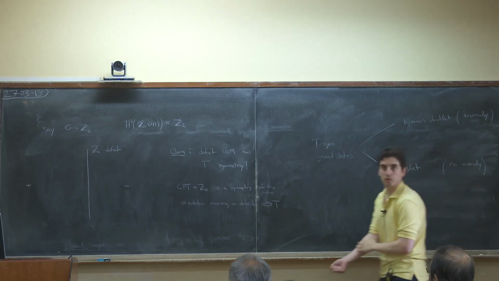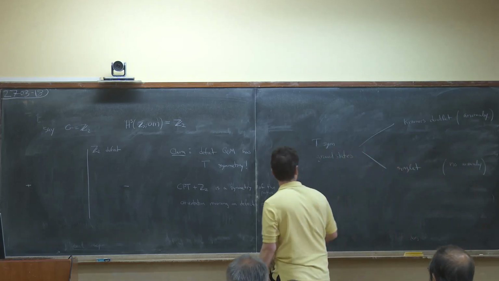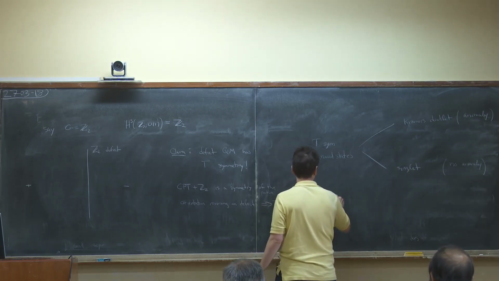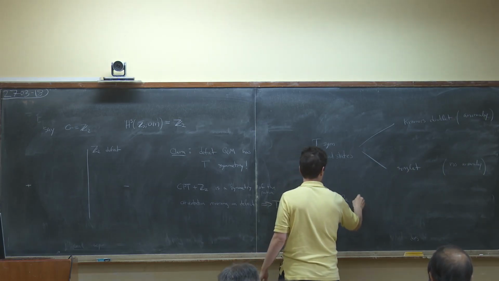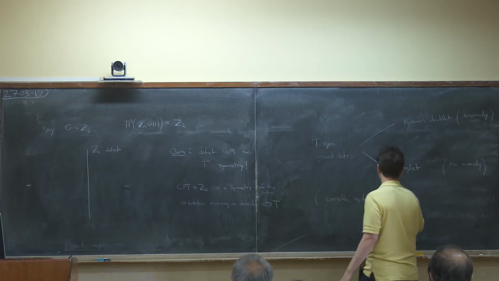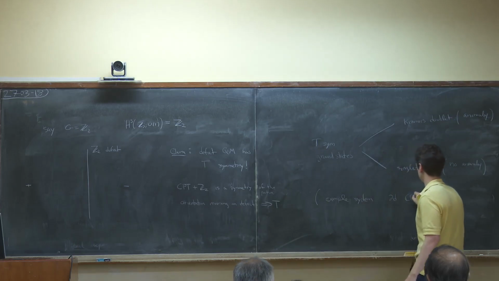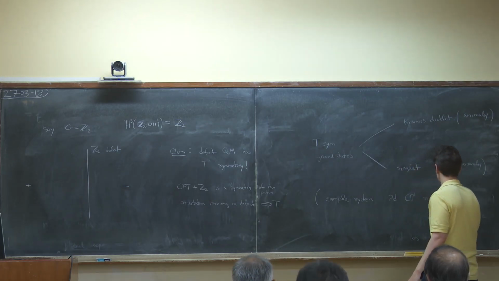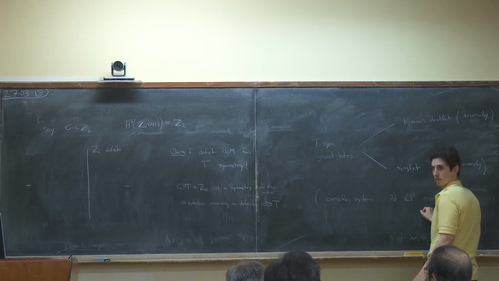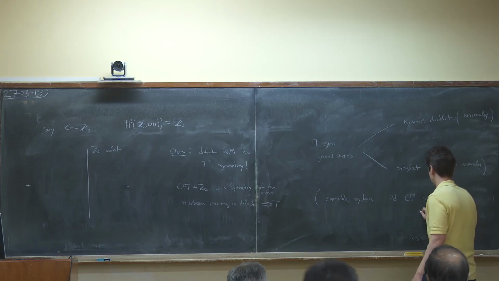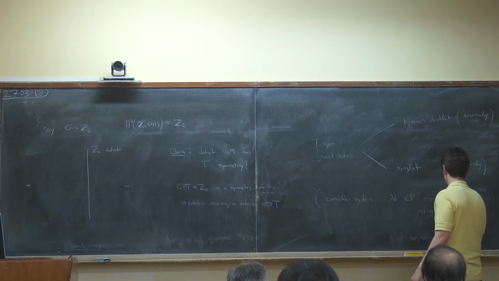Okay. So we're out of time, but I'll just flash for you that an example system is the 2D CP1 sigma model with the reflection symmetry on the sphere.